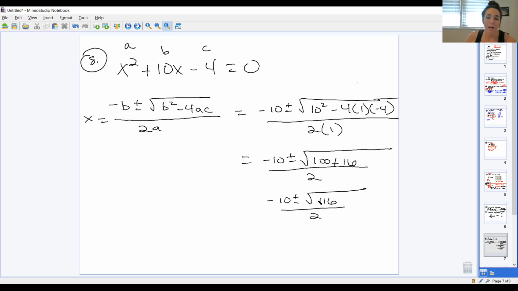So I want to list out factors of 116 and see if any of those are perfect squares. Factors of 116: we do 2, and then 2 times what gives me 116. I go into my calculator. I'm going to open up this calculator really quick.